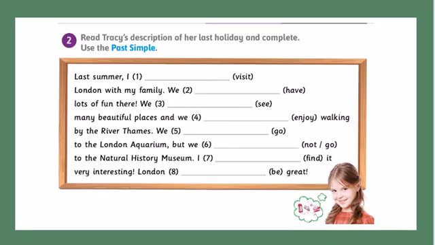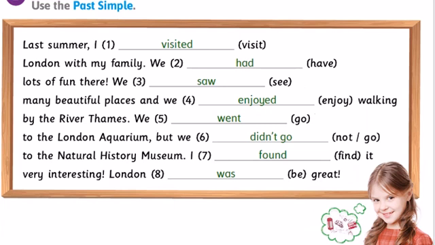Let's go to our workbook, activity 2. You can pause the video to read and answer. Here we have to use the past simple of the verbs between brackets. Last summer I visit. So the past form of visit, visited, because it's a regular verb.